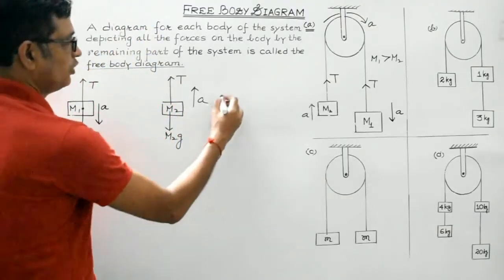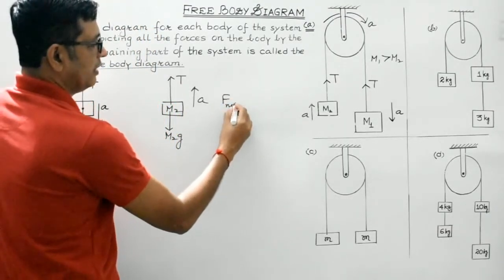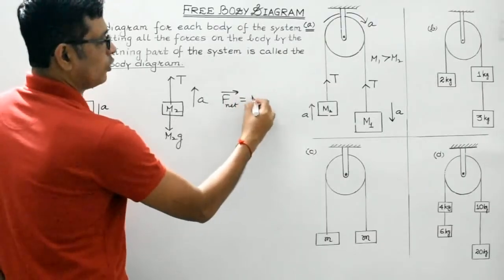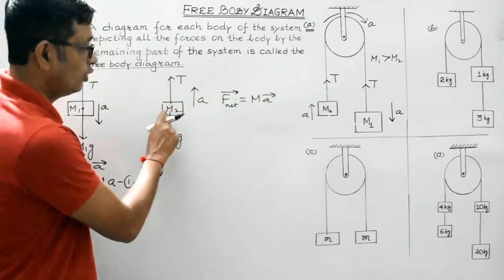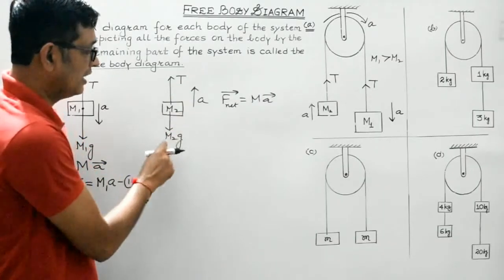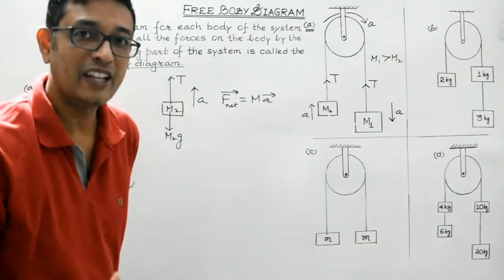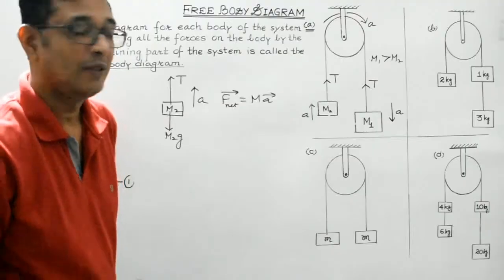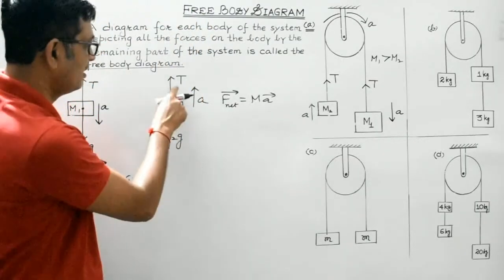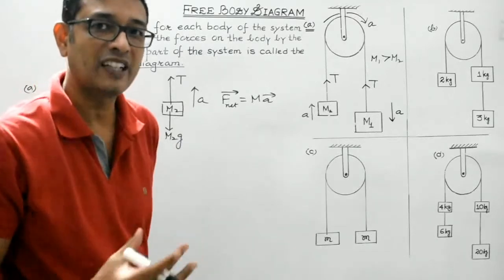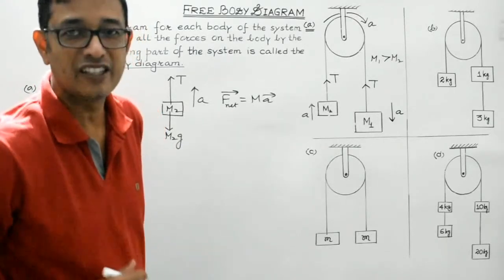Again, as per Newton's second law, net external force is equal to mass into acceleration. We are aware of it. So, out of T and M2G, which one is dominating? T must be dominating because the body is getting accelerated in the upward direction. And again here, T and M2G are opposite directed, that is, the angle between them is 180 degrees.